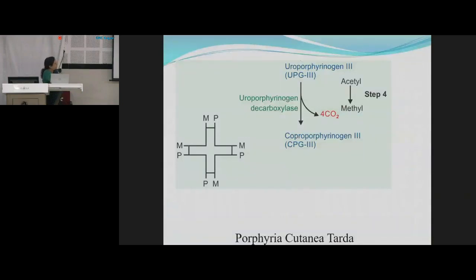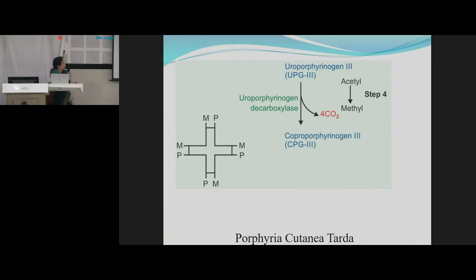Now coming to Porphyria cutanea tarda. This is also one of the commonest types of porphyria, and it is because of the deficiency of the enzyme uroporphyrinogen decarboxylase, which is required for conversion of uroporphyrinogen 3 to coproporphyrinogen 3.